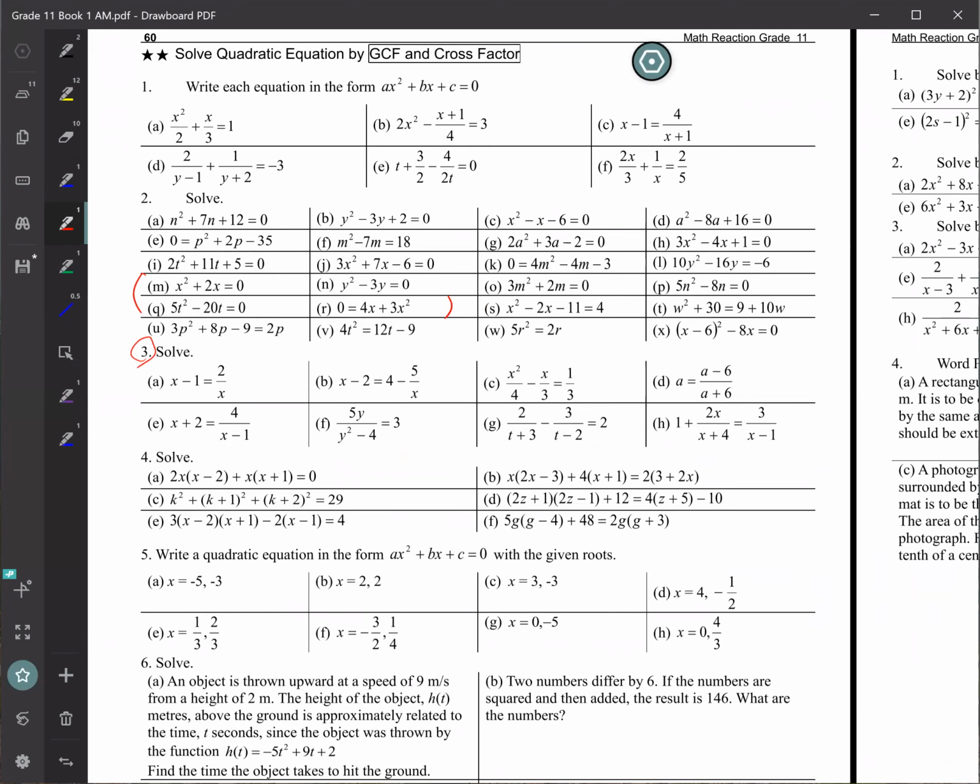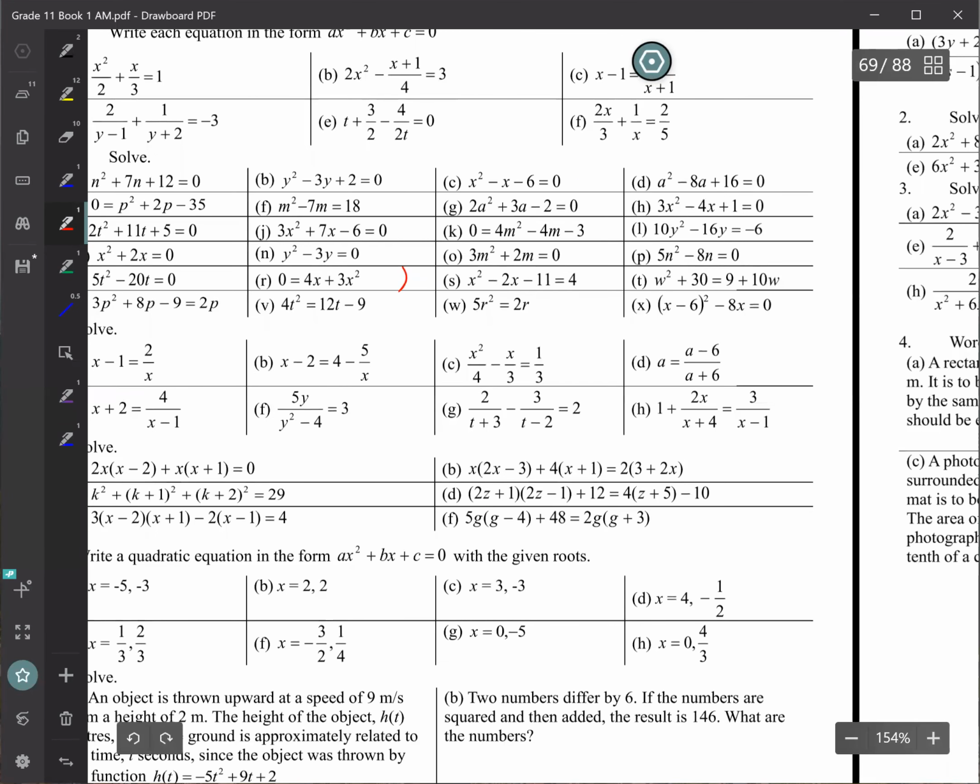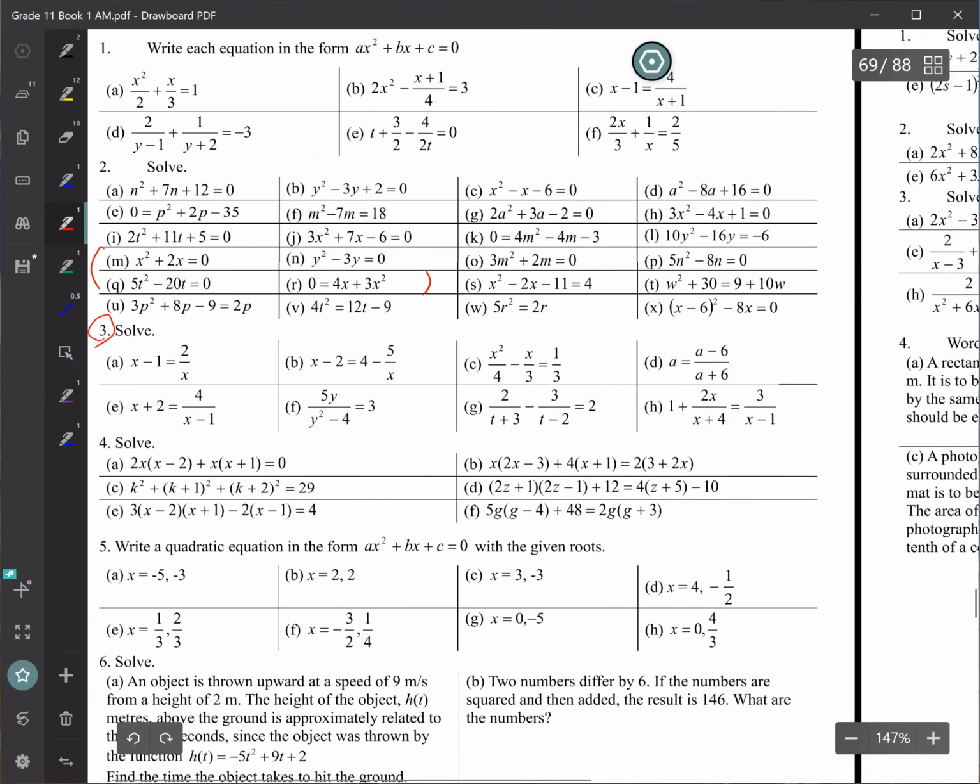So maybe let's pick 2 questions. We are not going to go through the whole question. We just go to the point where you know how to get the general form. So let's pick question C.